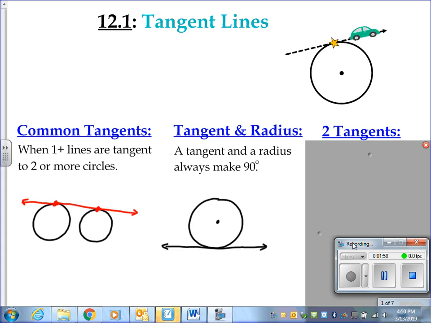I'll draw the point of tangency, meaning that's where the hit and run's happening. And I'm also going to connect my center to that point of tangency because I'm going to make a radius. So if you guys ever see a tangent line and a radius, they're always going to make 90-degree angles.